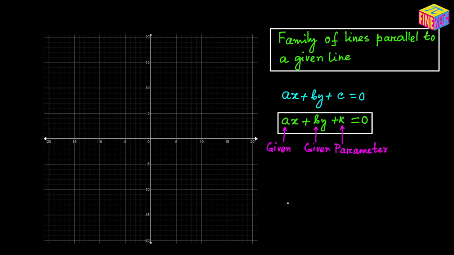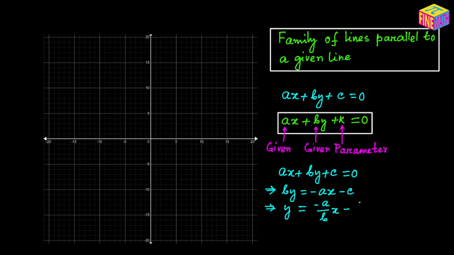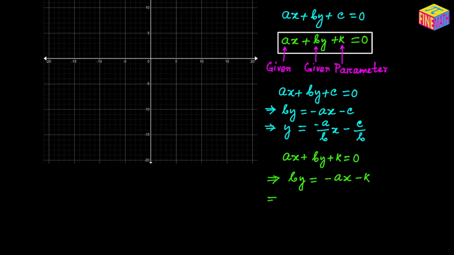Let's try to convert the given equation into y equals mx plus b form. So our given equation is ax plus by plus c equals 0, and from here we can rewrite it like this, and then if we divide both sides by b, we are going to get y equals negative a over b times x minus c over b. And if we convert our new equation, which is ax plus by plus k equals 0, we can rewrite it like this, and if we divide both sides by b, then we are going to get y equals negative a over b times x minus k over b.